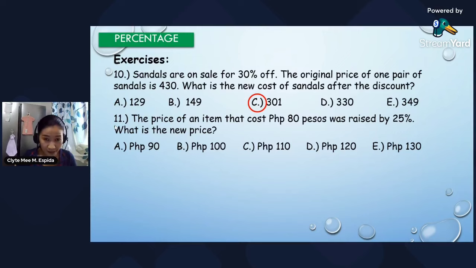Okay, let's have number 11. I'll be waiting for your answers. Number 11 B, Sir Rex Lee.